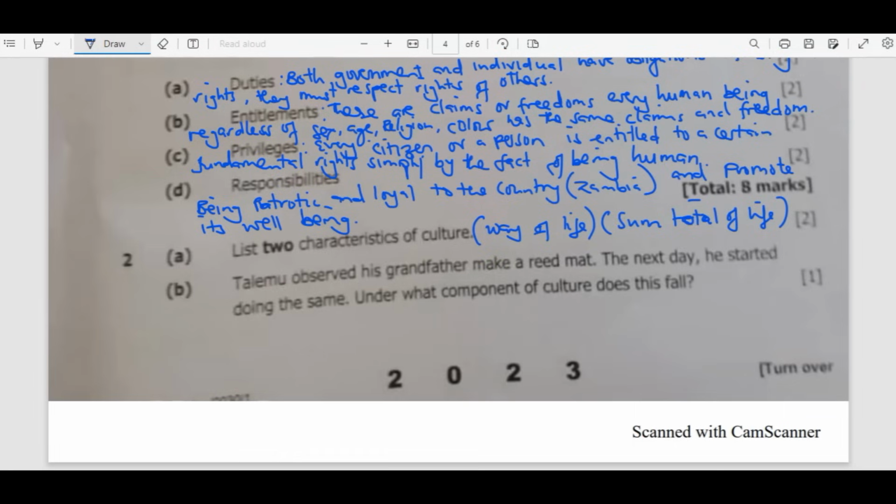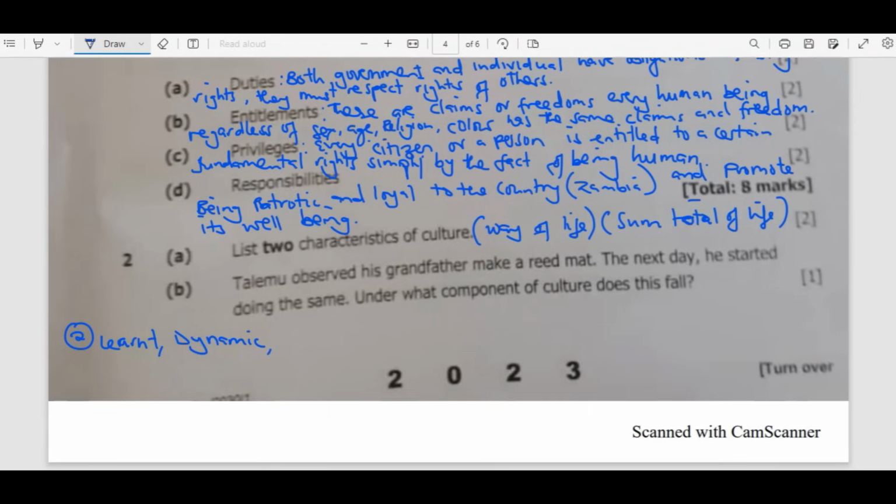Now, when we say characteristics, how can we know that this is culture? So there are several characteristics of culture. So we can say culture is learned, so that is a characteristic, learned. And then culture is dynamic. So that is a characteristic.